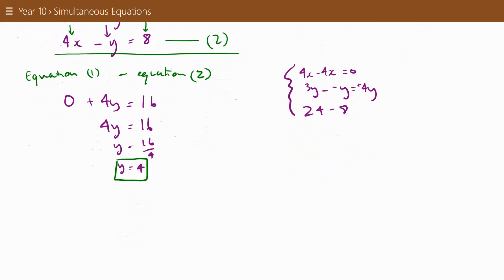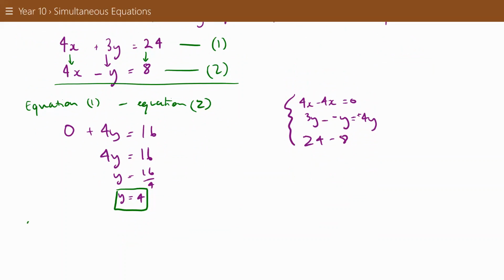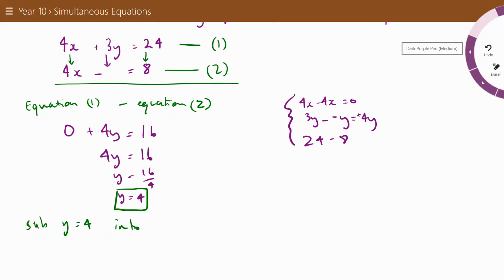What we have to do now is substitute y equals 4 into either equation 1 or equation 2. Which one do you think would be easier? Does it really matter here? It doesn't really matter. There's no variable here, it's just a 1, so I'm just going to sub it into equation 2.